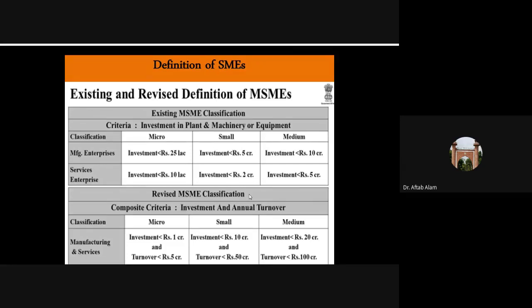You can see in the table below, the revised MSME classification. This approval has not come completely clearly yet, right? But discussion is going on that MSMEs should be classified on two criteria: investment as well as annual turnover.